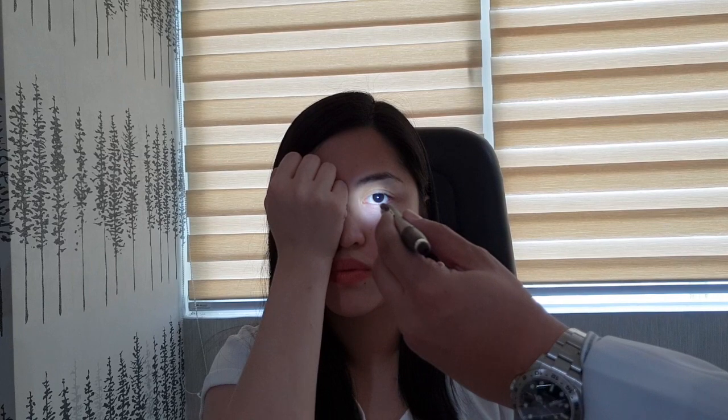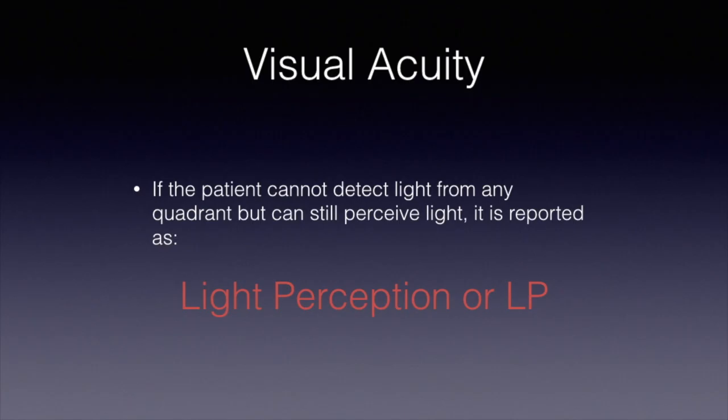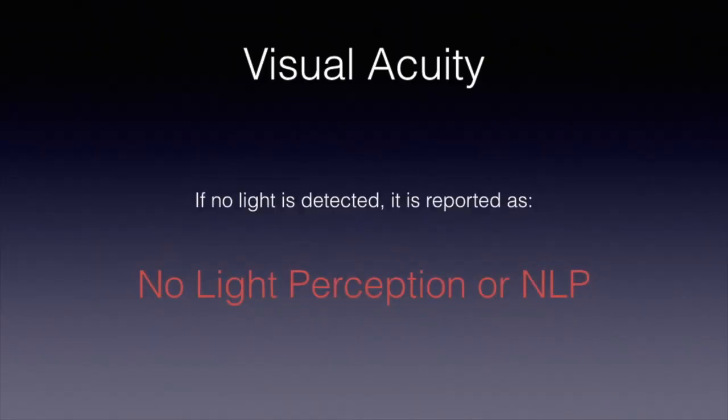If the projected light cannot be perceived from any of the quadrants, check for light perception by shining a light directly in front of the eye being tested. Perception of the light is reported as positive light perception, or LP. If no light is detected, it is reported as no light perception.